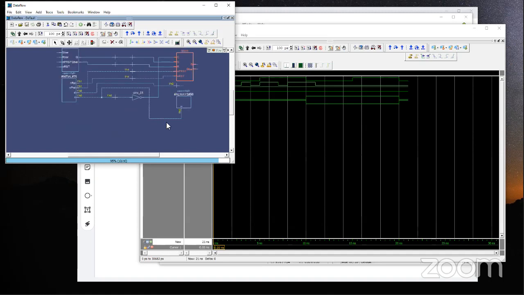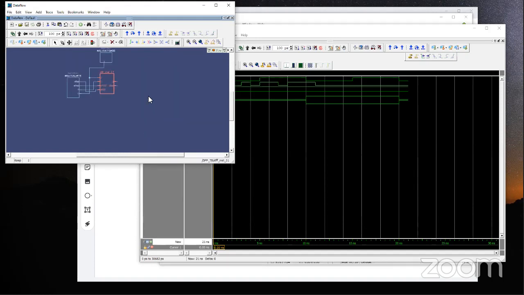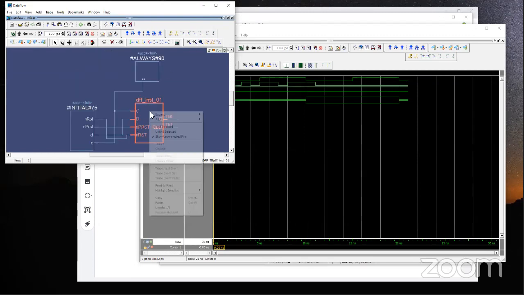Fold. Okay, getting somewhere. Fold. Okay, this is your top level D flip-flop schematic. Unfold.